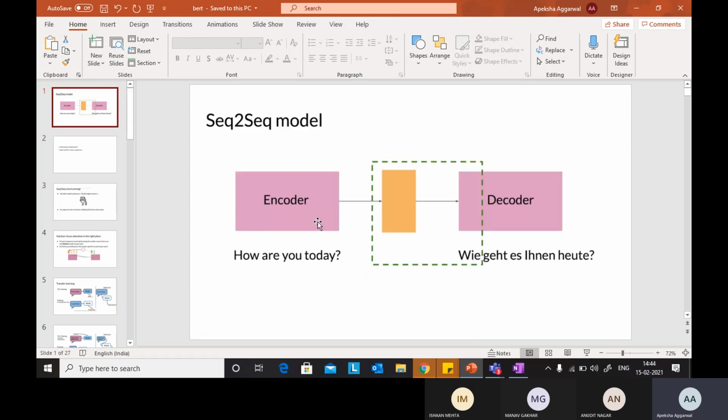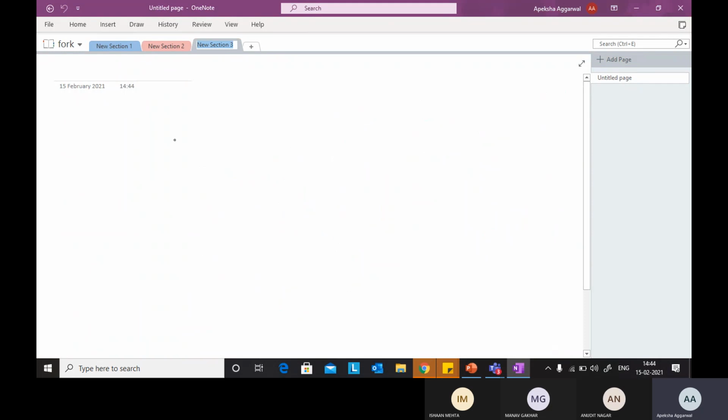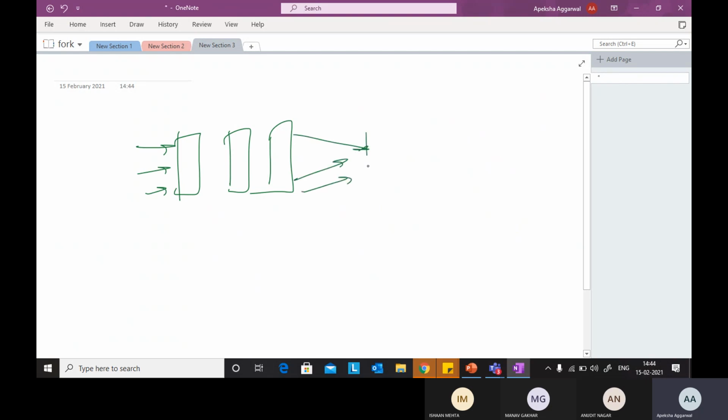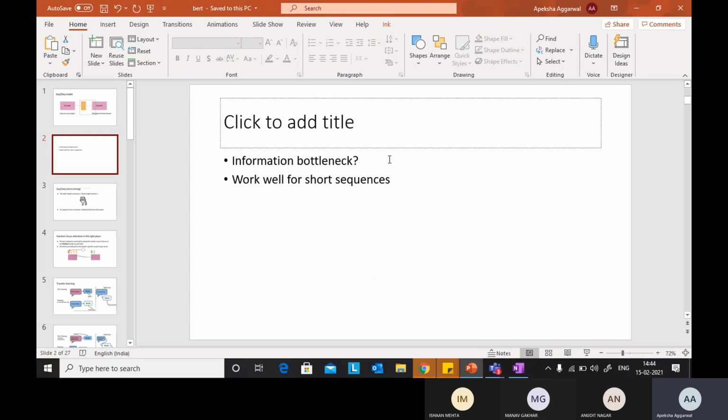Suppose again you have a very large sequence. The encoder has layer 1, layer 2, multiple layers, and you feed your sentence in. It generates an intermediate representation, and if it was a very long sequence, the last layer would be burdened with a lot of information, and all the representations are stored in the intermediate part. So the problem is information bottleneck with the encoder-decoder.